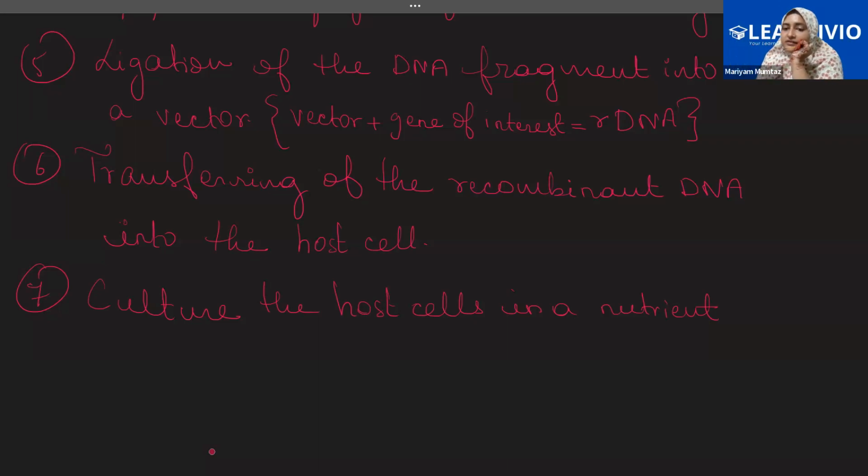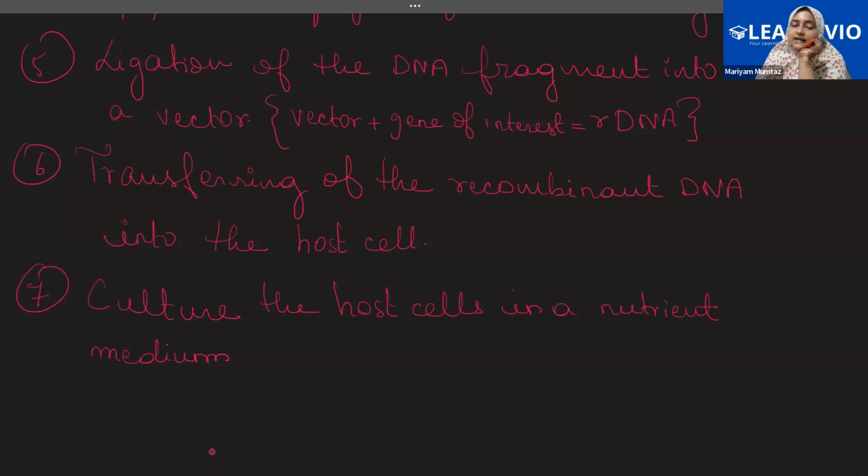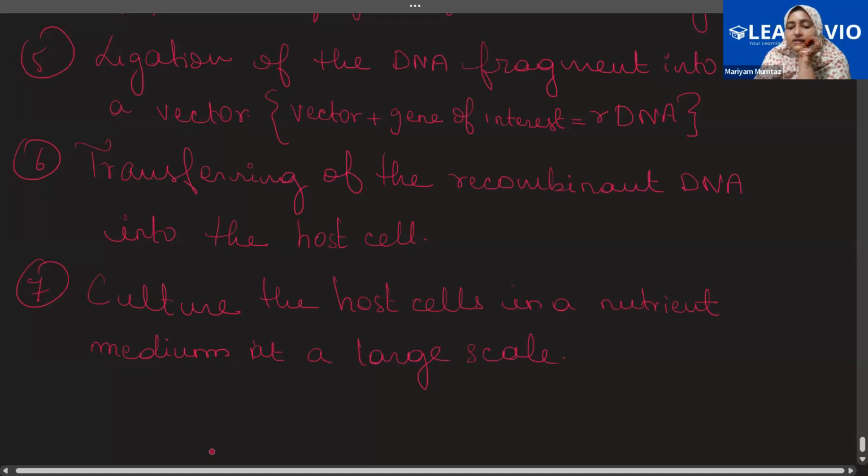So once we have transferred the recombinant DNA into the host cell, we culture the host cell in a nutrient medium at a large scale, meaning we make many copies of the host cell now. I'll show you with the help of a diagram so you will understand it better.